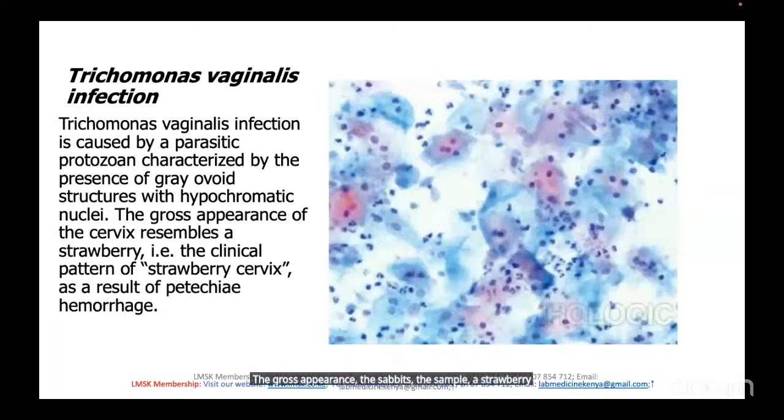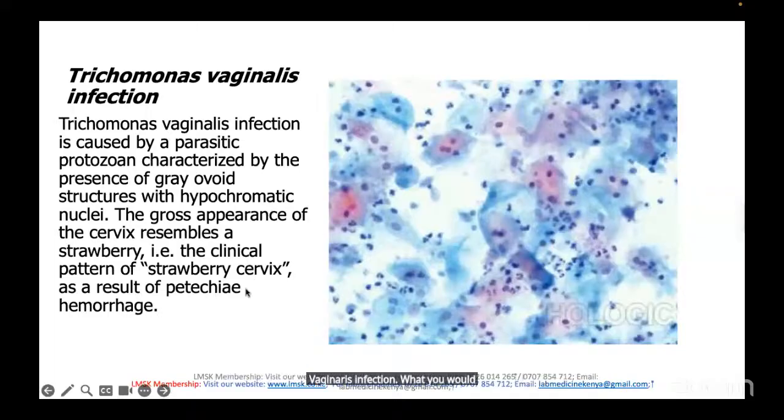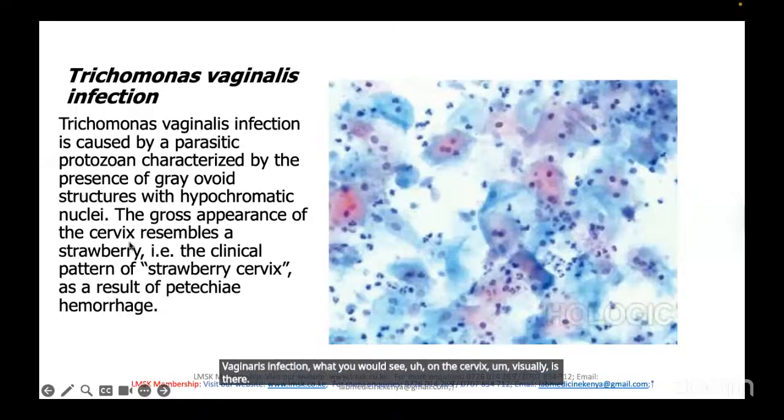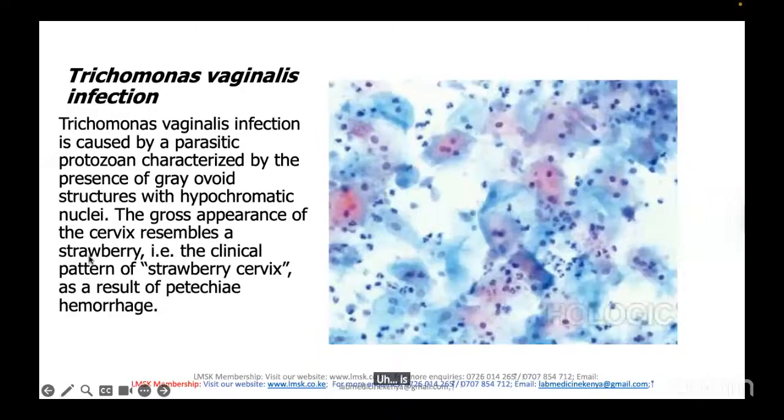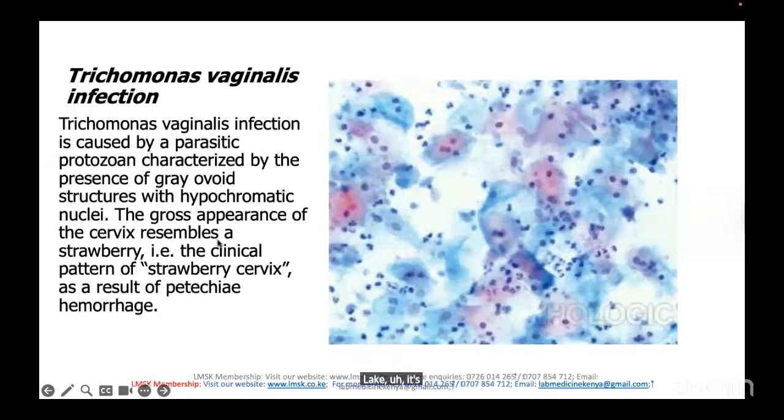If you collect a pap smear from a patient with Trichomonas vaginalis infection, what you would see on the cervix visually is that the cervix looks the color of strawberry. That is the clinical pattern of strawberry cervix. People talk about strawberry cervix because it has a gross appearance that looks like a strawberry.